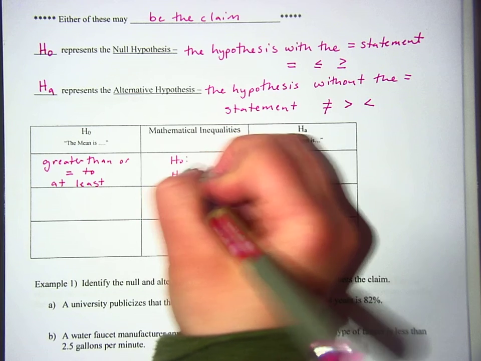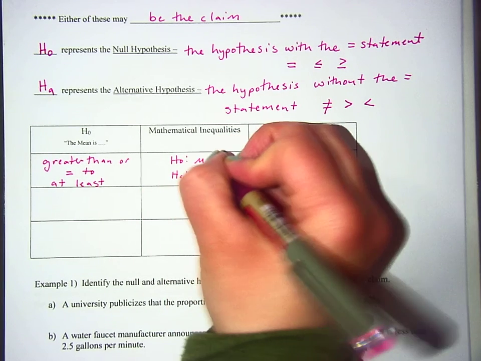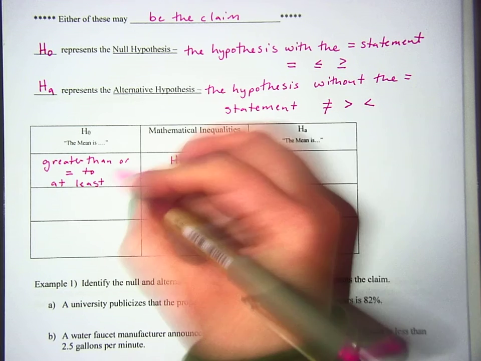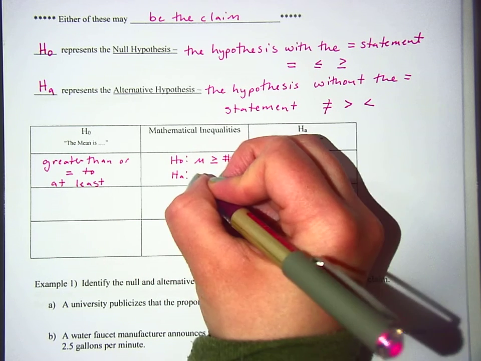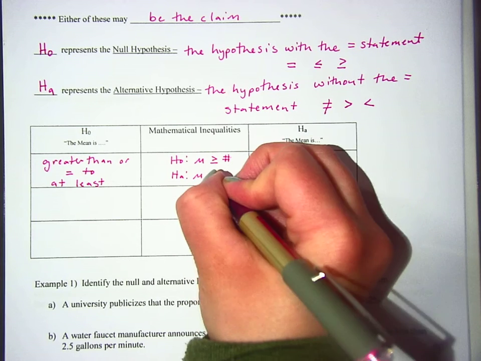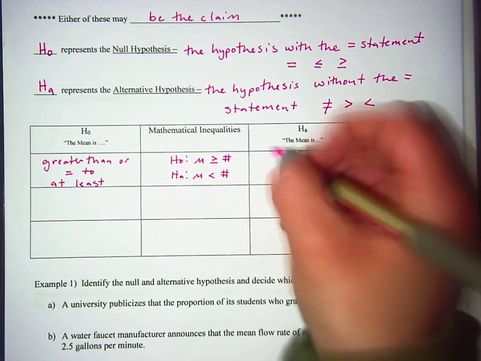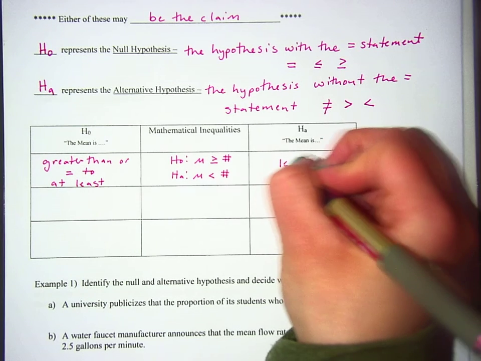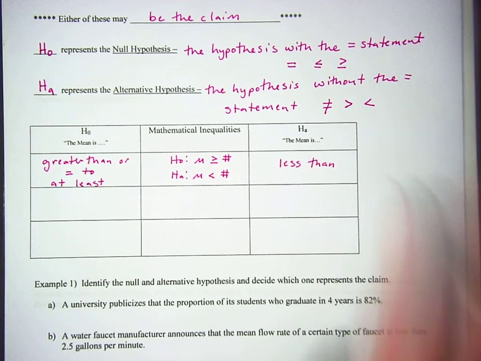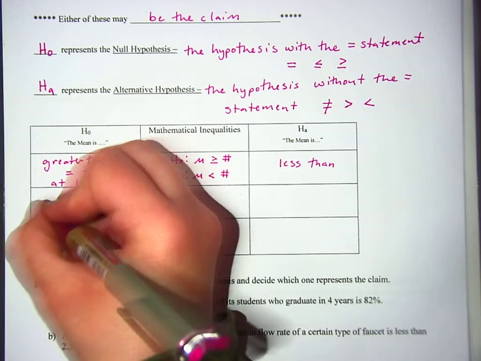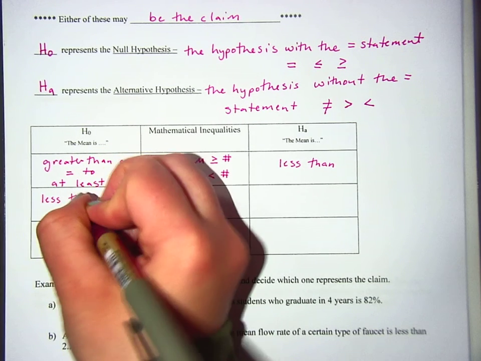So if we write down the H sub O and the H sub A, in this case, I'll use mu, it's greater than or equal to a number, that's the H sub O. And the opposite of that, the complement, is being less than a number. So if one side is greater than or equal to, the other side is less. I'm not going to write down all the other words that you could see besides less than, but hopefully you know what those are. On this side, for an H sub O, we could have less than or equal to.